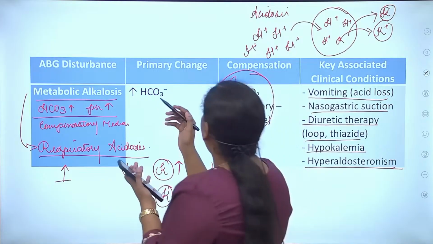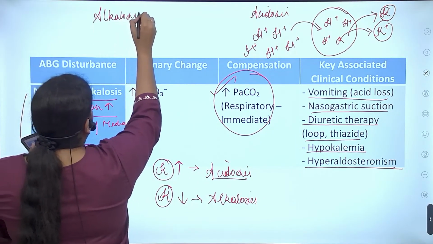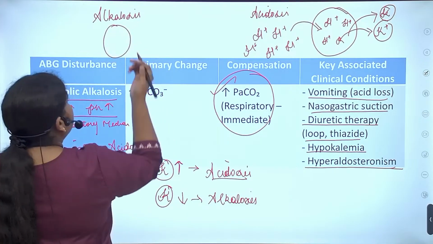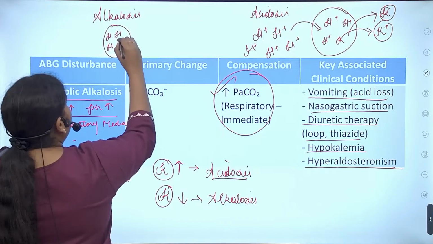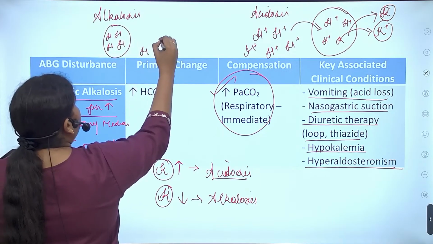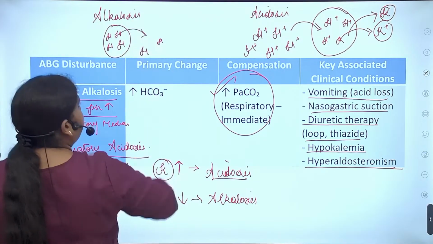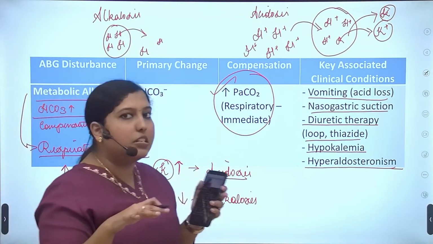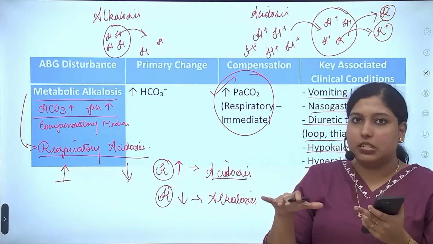On the other hand, when we talk about alkalosis, there is very little hydrogen outside. Only one or two hydrogen ions are there. So what happens?